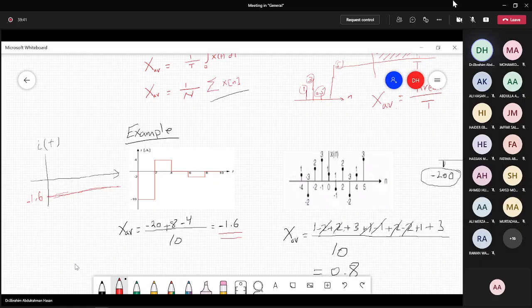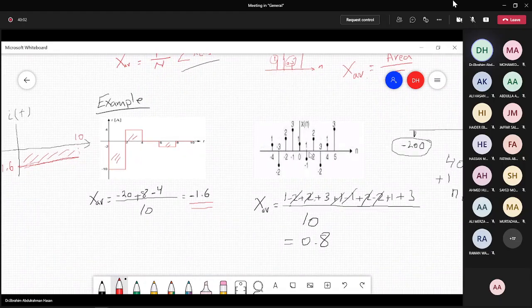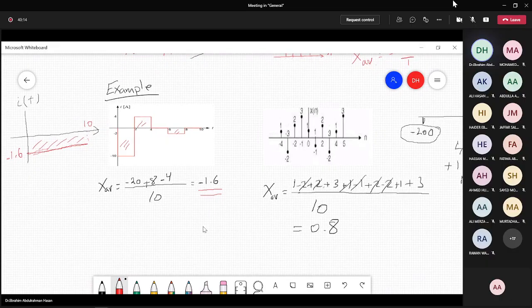So then the area under the curve until 10 will be exactly equal to the same area if you add this with this with this. Same thing: if you redraw it again but with a constant 0.8 from -4 to 5, then the total area you will get is exactly the same as this one. This is the average value.